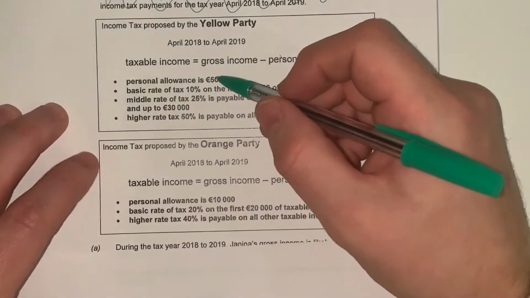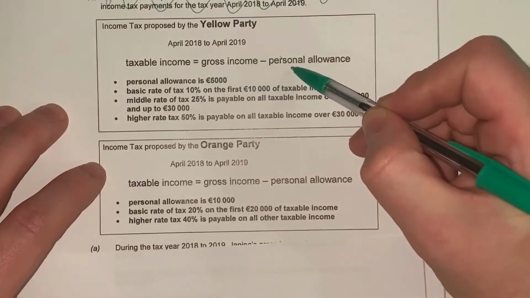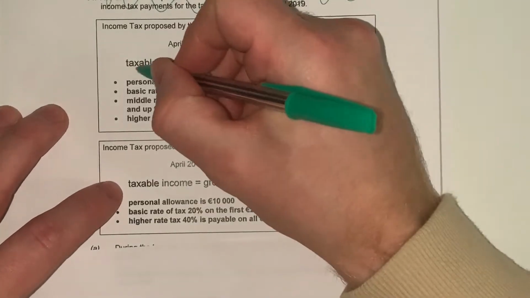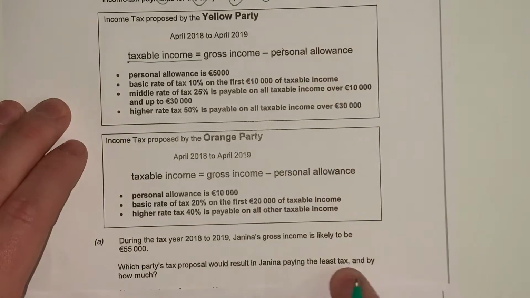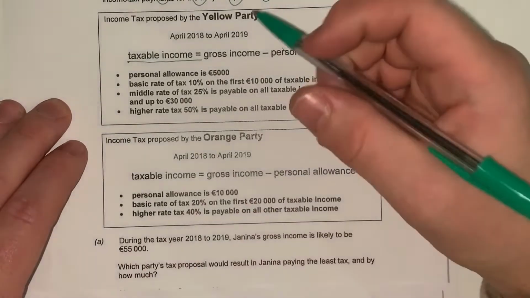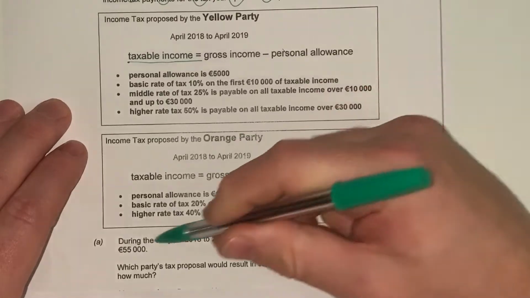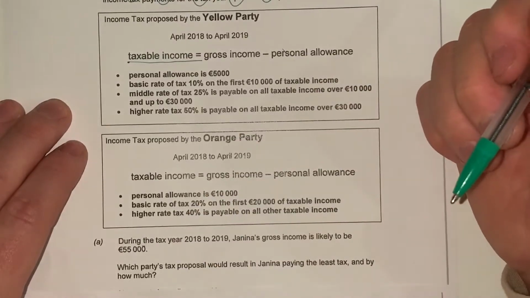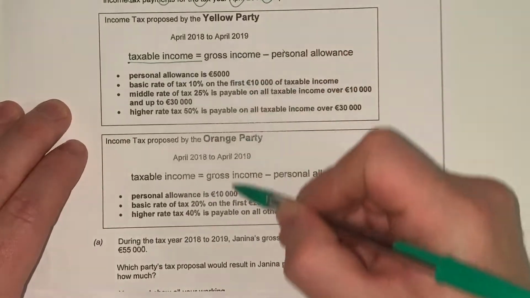Yellow party, if we start with that there. The taxable income equals the gross income minus the personal allowance. So we need to calculate the taxable income. It says here, okay. During the tax year, this person, Janina, gross income is likely to be 55,000. So 55,000 is the gross income.